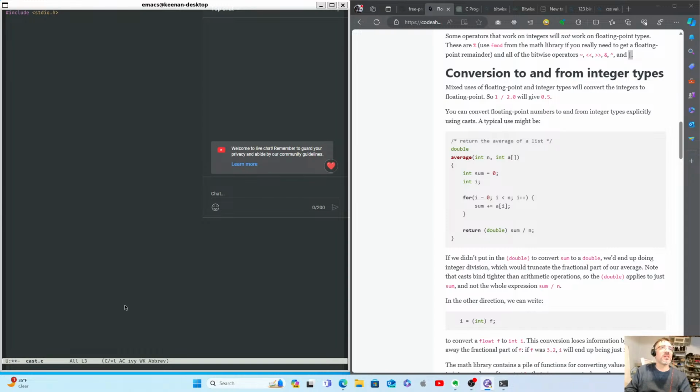Return an average of a list. Double average, int sum, int n.